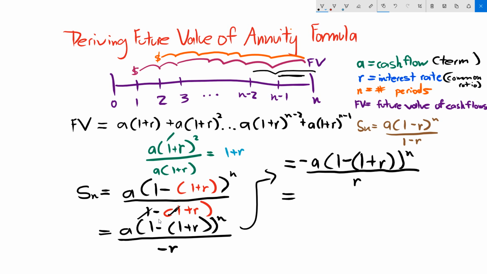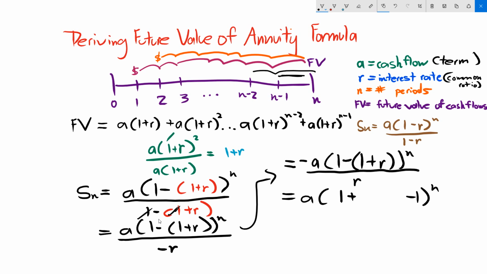And now we need to distribute the negative inside this bracket. So we have a times negative 1, let's just put the negative 1 over here, and then this is going to be made a positive.